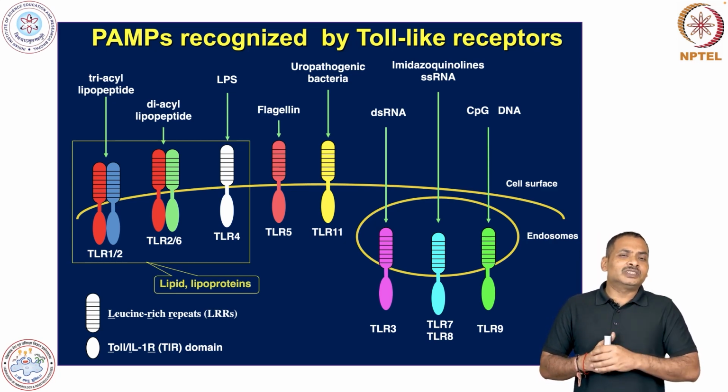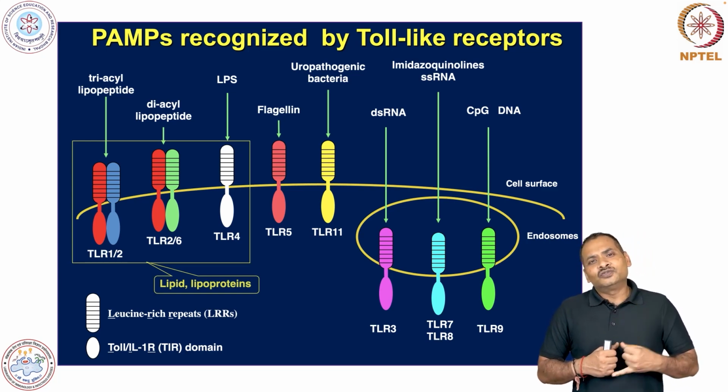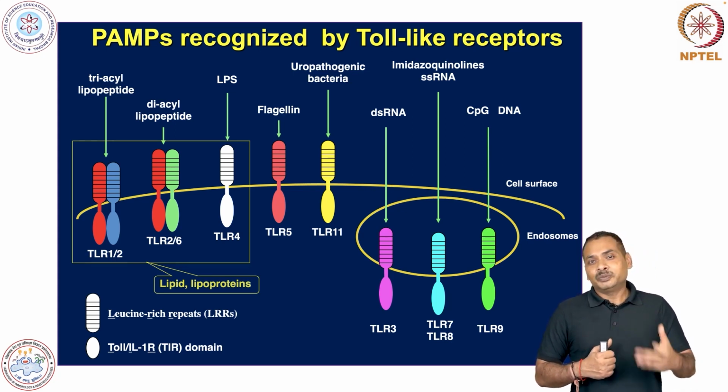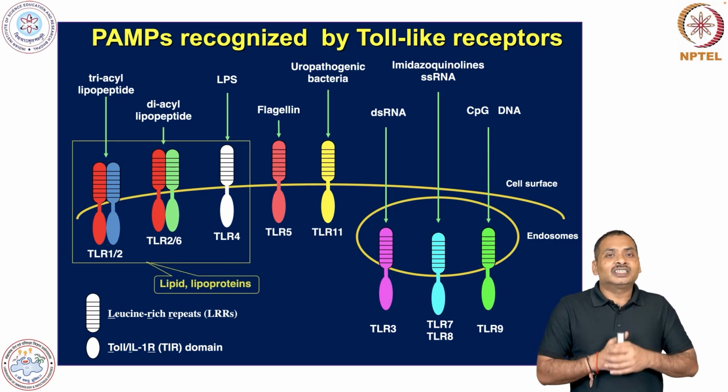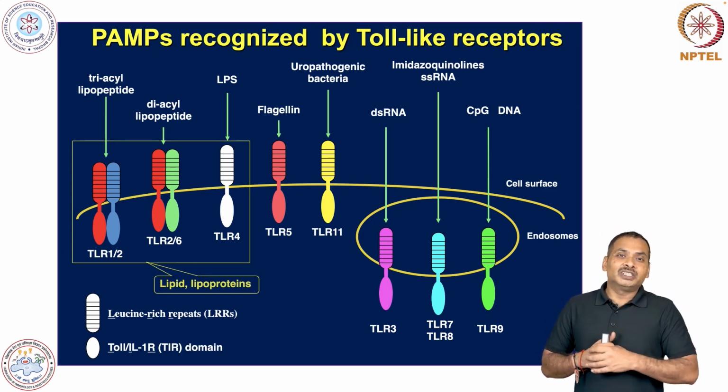For sensing of LPS you need various molecules, as you can see in the subsequent slide. You need CD14, you need MD2, and there is one more protein known as LBP, LPS binding protein. All these things are needed in order to induce LPS or TLR4 mediated signaling.